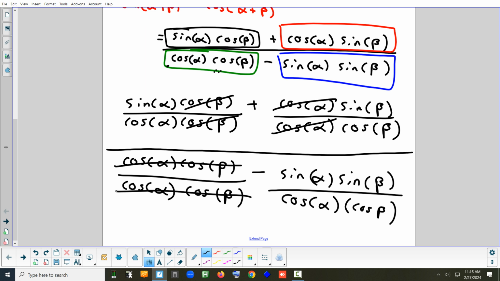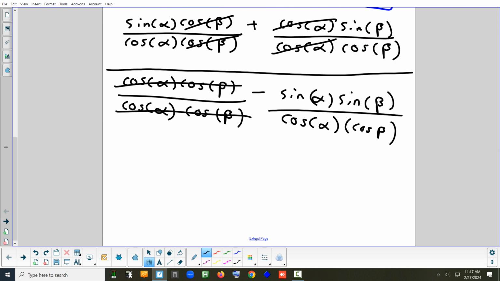Okay, so now, these are the same argument. What's the sine of alpha divided by the cosine of alpha? That's tangent alpha. Plus, these are the same argument. What's sine beta over cosine beta? Tangent beta. Everything canceled, so what are you left with there? 1. 1 minus.